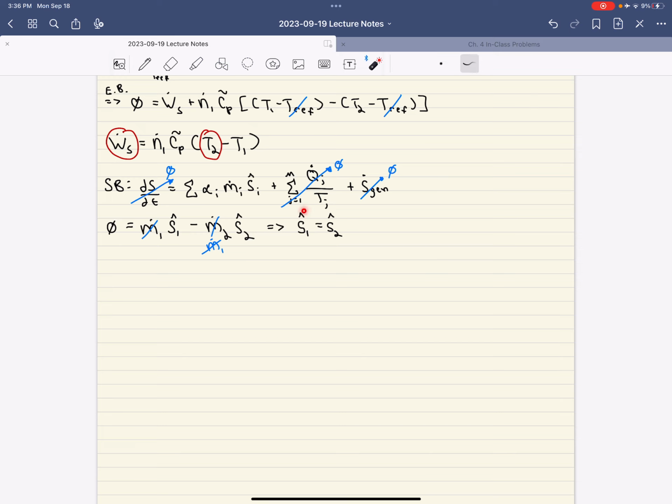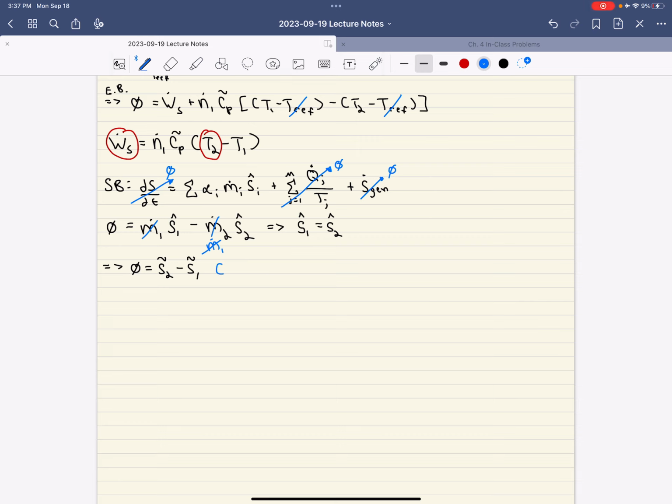Here I'm writing it in terms of the specific entropies, but equivalently, we could also write it in terms of the molar entropies. Right? And so here we find that the entropy going into the system is equal to the entropy going out of the system, equal in magnitude.